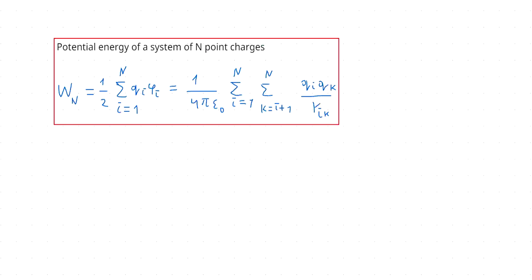We can write that dW, the differential of this energy, is equal to phi, the potential of the part of the surface, multiplied by its charge dq.